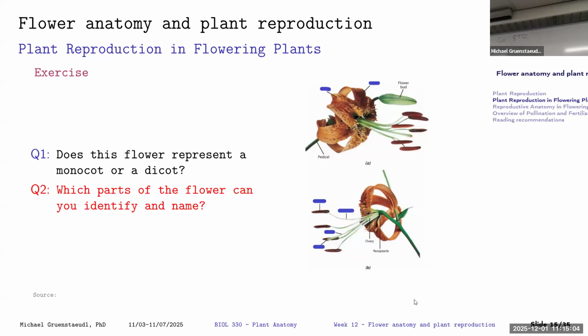Likewise, in terms of the stamens here, 1, 2, 3, 4, 5, 6. That would be a multiple of 3, right? That is, of course, a monocot. That's iris, a monocot. But can you help me with some of these terms?